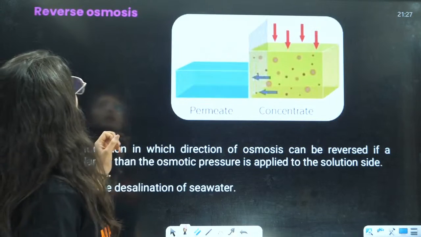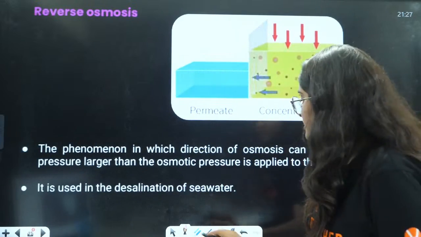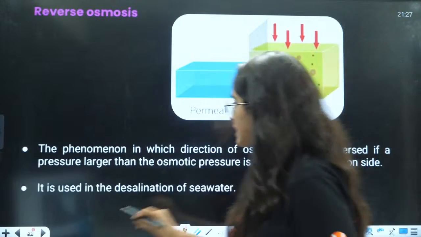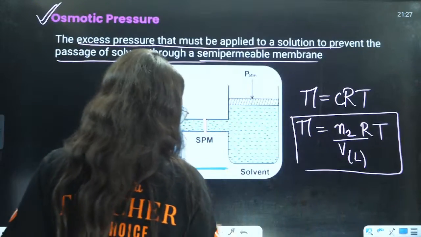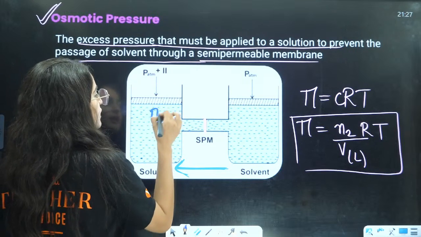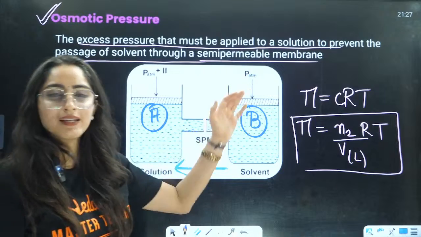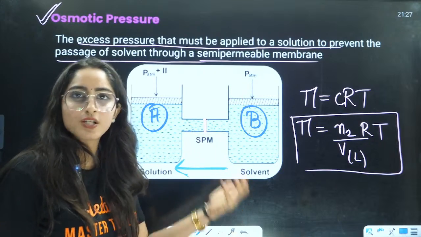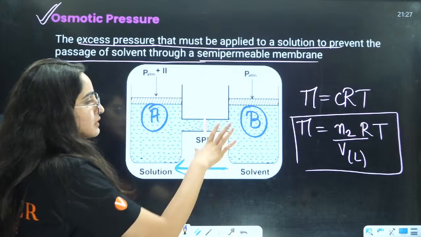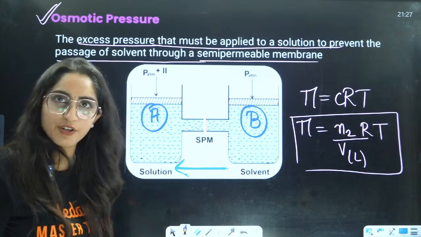If we are saying reverse osmosis, first condition was when this A was moving to this, for example, I am naming this compartment A, this compartment is my B compartment. Now, when we are doing nothing, because of osmosis, the solvent particles will move from high concentration to low concentration, right?